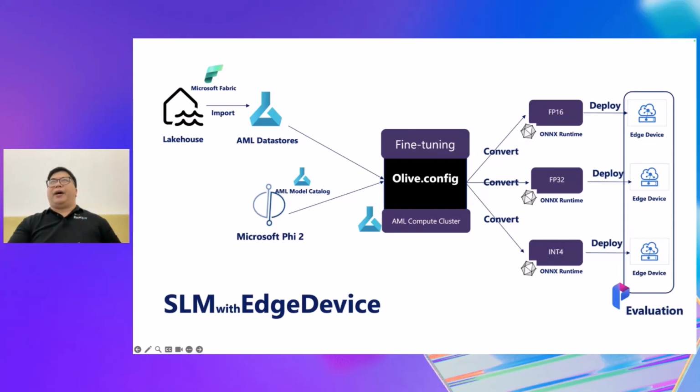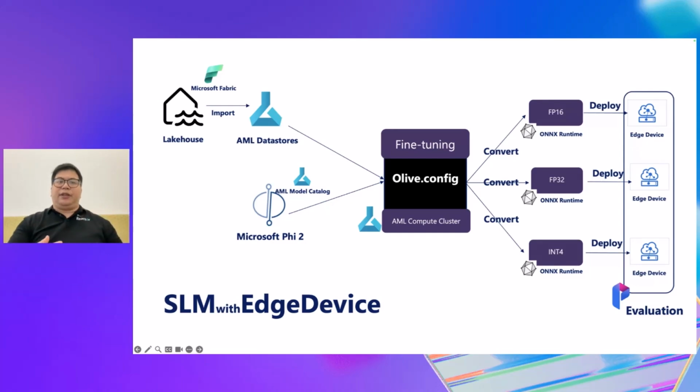This is all the pipeline. Just like here, you can import the data from Microsoft Fabric. Maybe we can use the Microsoft Fabric Lakehouse and import the data to the Azure ML data store or Azure AI Studio data store.